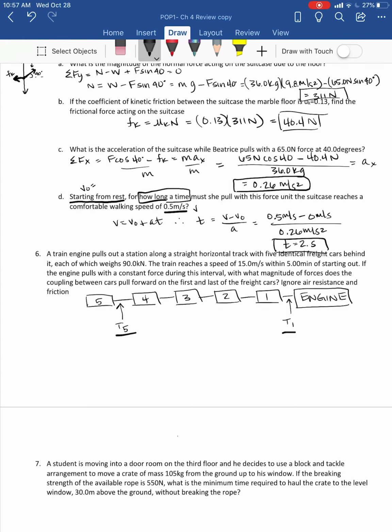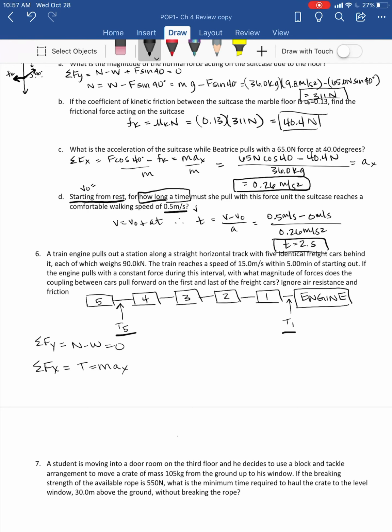All right, if we were going to do our sum of forces in the y direction, we just have zero, or normal force minus weight is equal to 0. As far as our x components, we have tension, and they're going to equal mass times acceleration in the x direction.